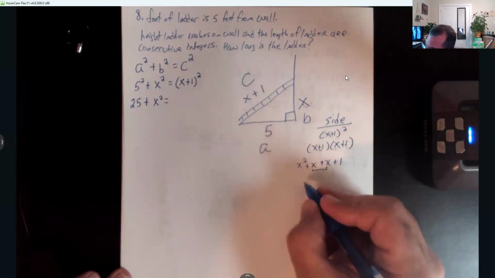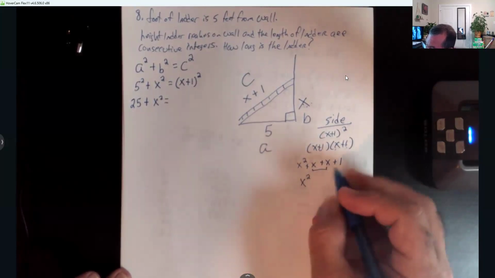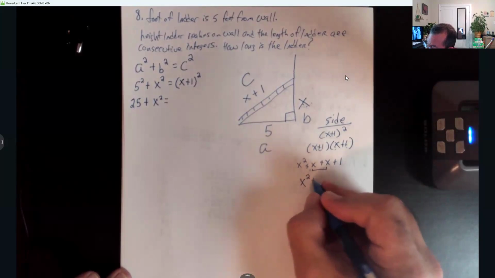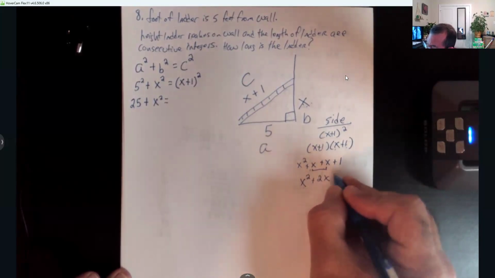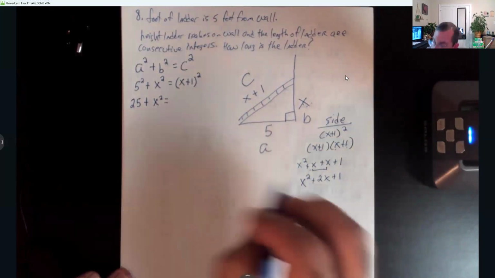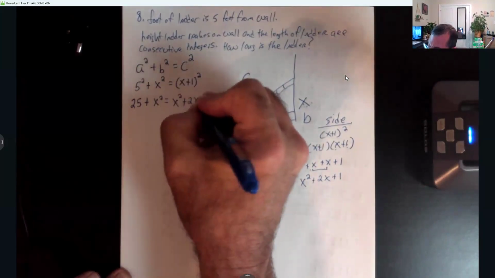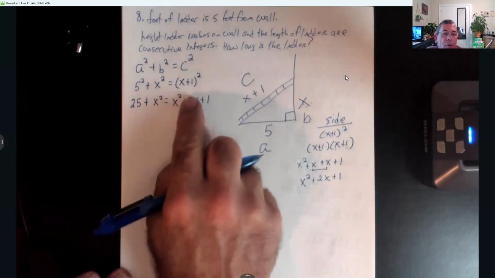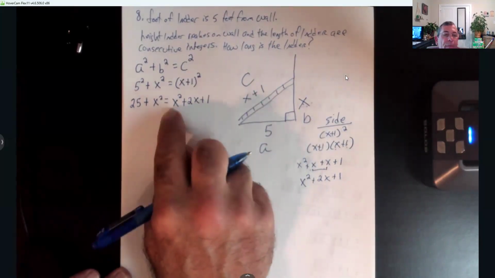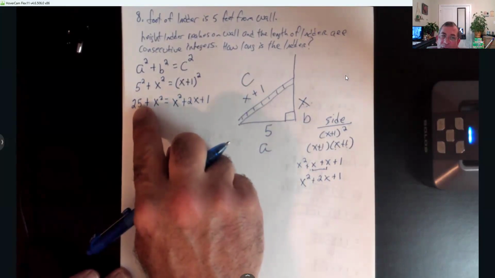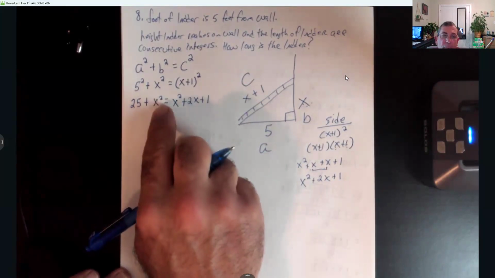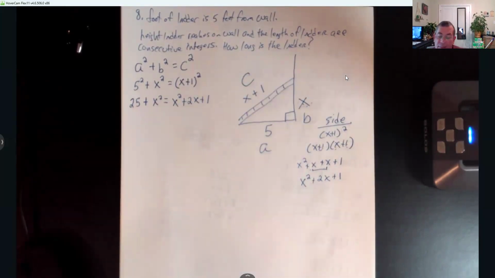All we got to do now is add the x's in the middle. 1 plus 1 gives me a positive 2x, and then plus my 1. At this point, x squared plus 2x plus 1, your problem will have the same exact thing here other than that 25, okay? Everything else will be the same on these.